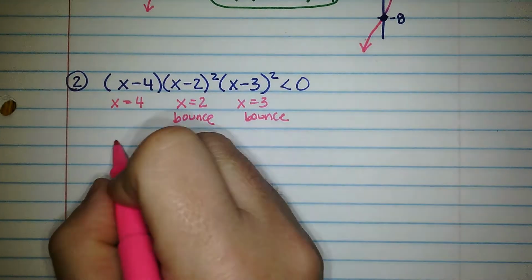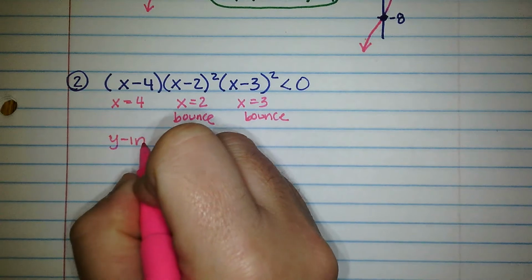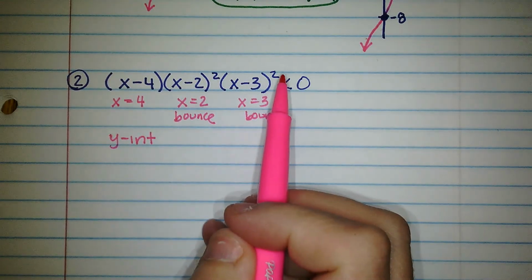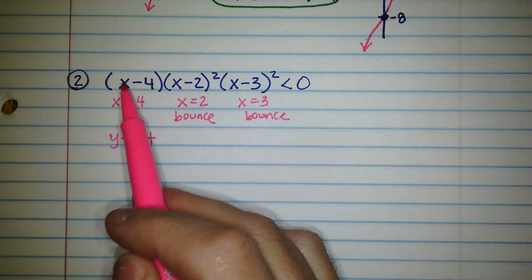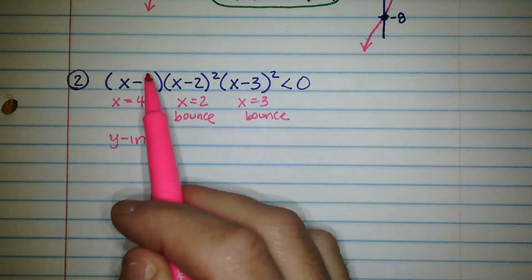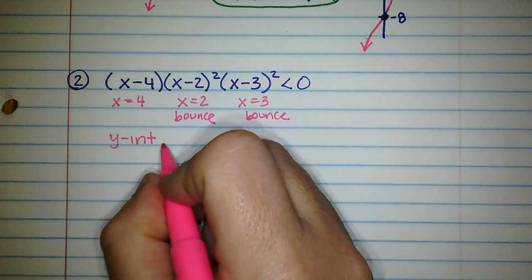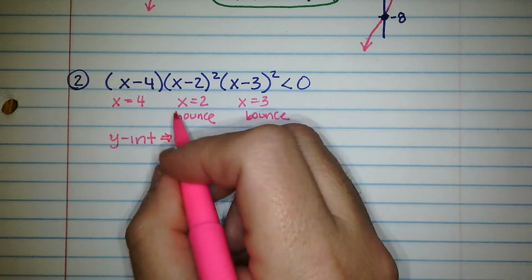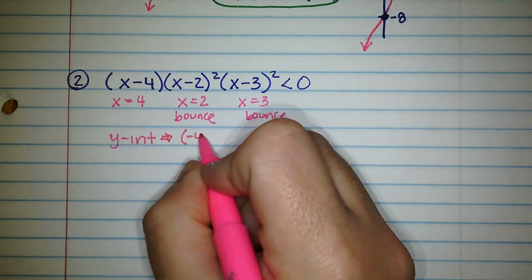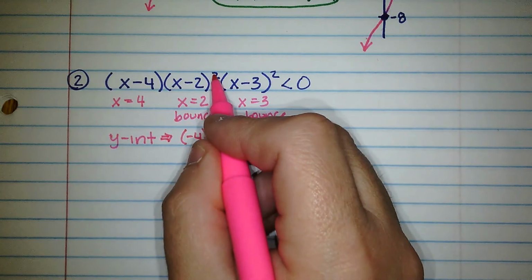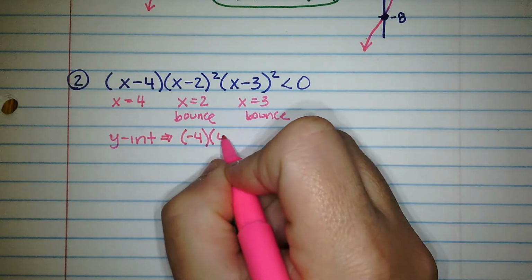The next thing we have to do is our y-intercept. And I just got finished saying that when it's in factored form, the easiest way to do a y-intercept is to plug 0 in for x. Now, because there's square terms here, you got to be super careful. I'm going to write this out so that I don't mess it up either. So 0 minus 4 is negative 4. 0 minus 2 is negative 2, and negative 2 squared is positive 4.